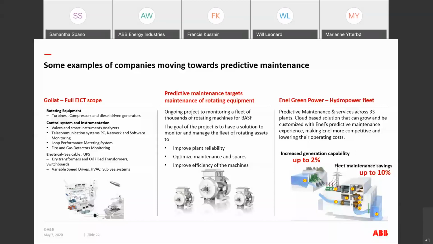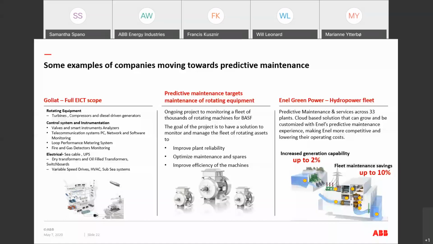And here we're covering a range of equipment such as the main turbines, transformers, and generators, using a combination of data science, machine learning models, in addition to the heuristic or the expert models there. So on this slide, you can see three examples.